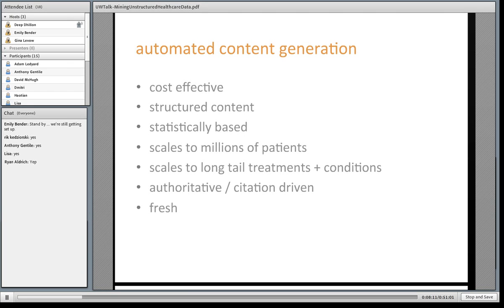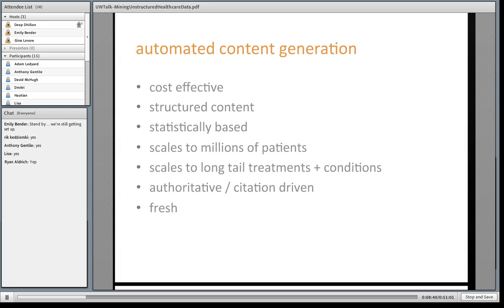So whether it's a large pharma company running a large clinical trial across thousands, in some cases tens of thousands of patients, whether it's academic researchers who pool some money and get more patients, or whether it's just the millions of patients who are online discussing things every day. And it also scales to long-tail treatments and conditions, which I'll describe more.